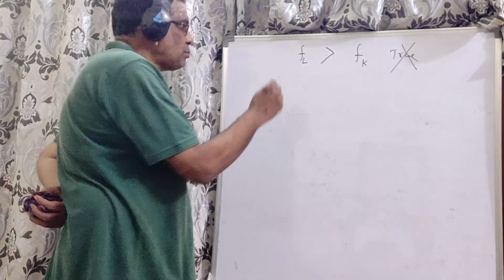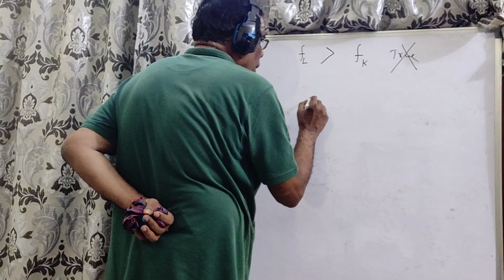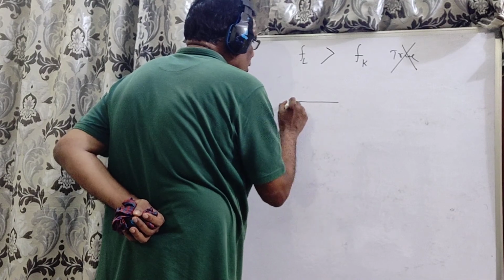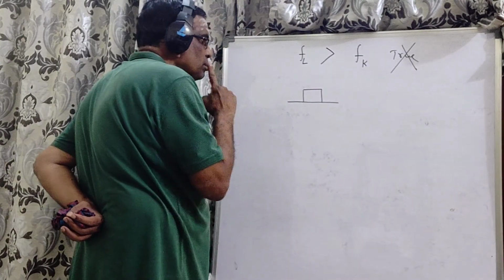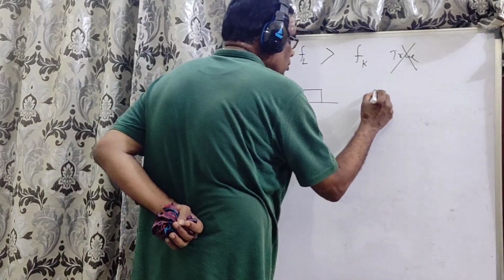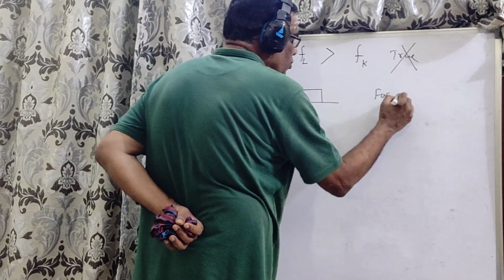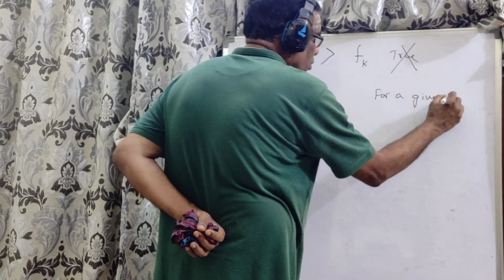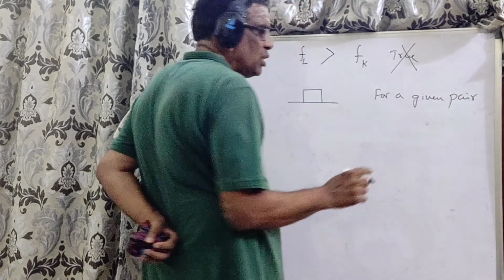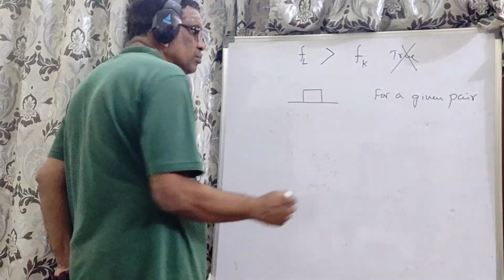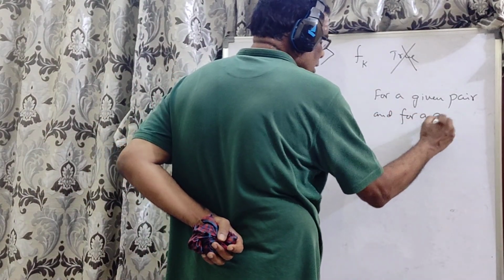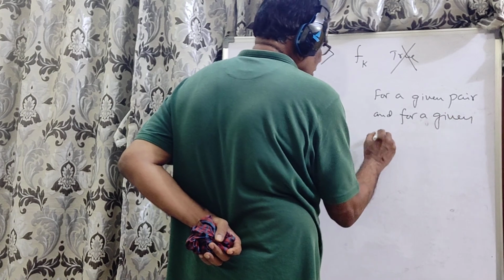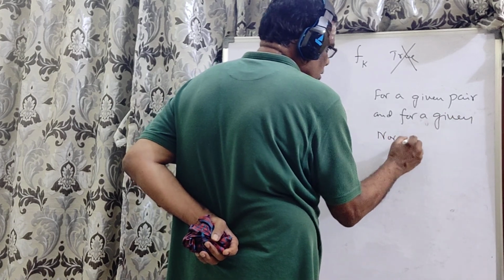Why? Here is one body. Suppose I take a given pair so that mu L, mu K are fixed, and for a given normal force.